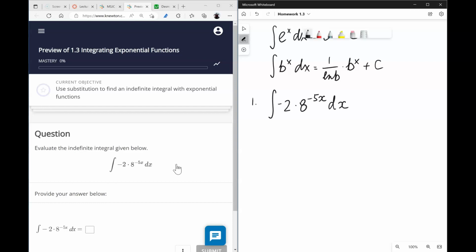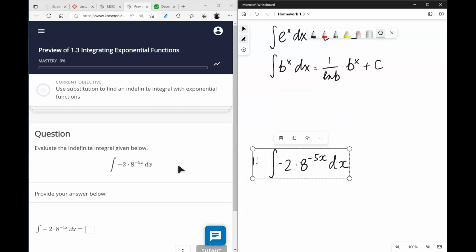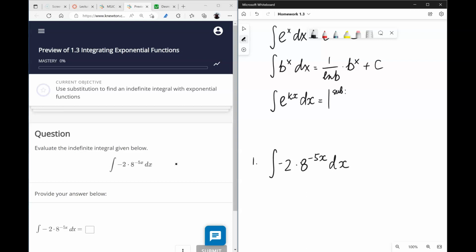Before I do this homework, let me also show you a few simple extrapolations from the basic rules. For example, if you are integrating e to the kx, we do that by linear substitution. Usually we do a quick sub.